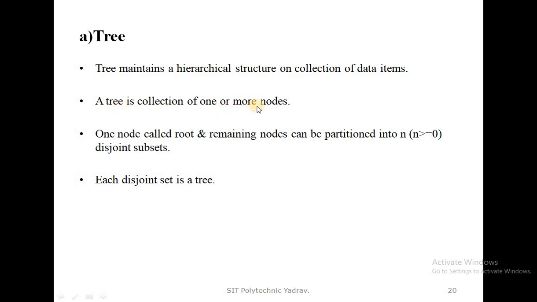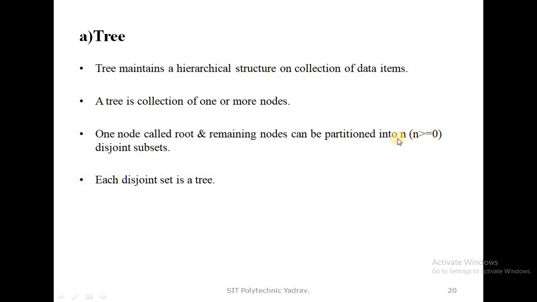One node is called the root, and the remaining nodes can be partitioned into n disjoint subsets, where n is greater than or equal to 0.